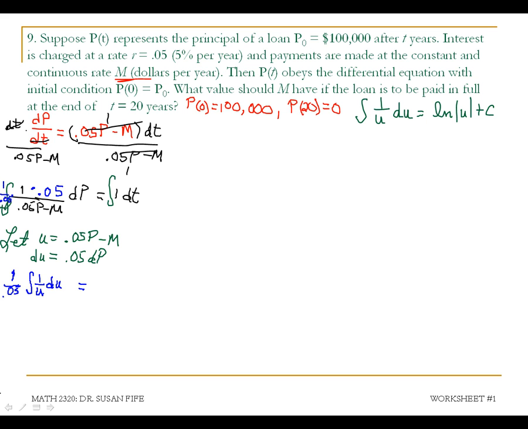On the right side of the equation, we're just integrating 1 with respect to t, and that'll give us t plus a constant of integration.